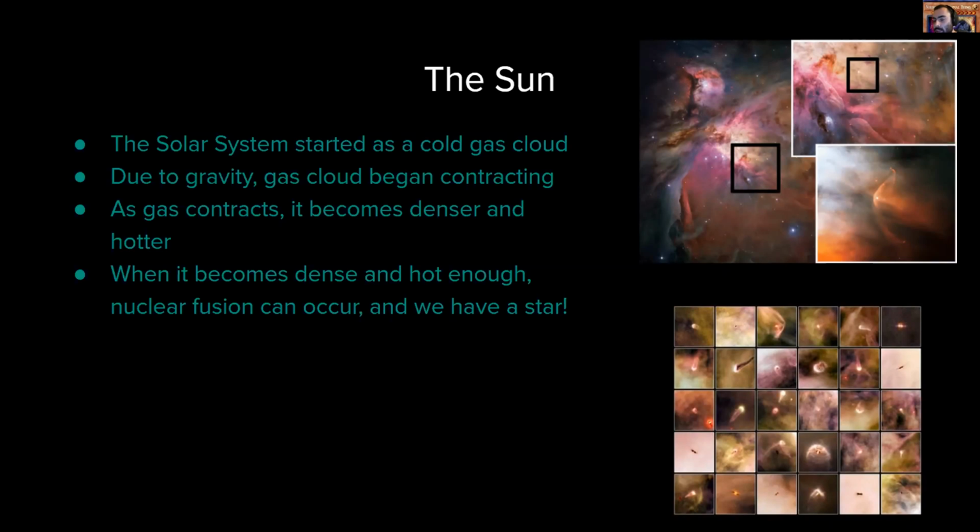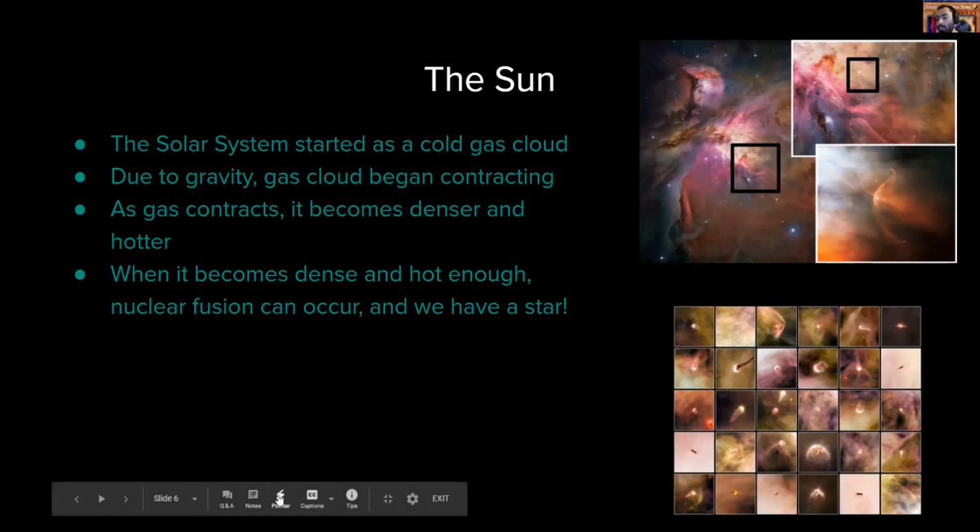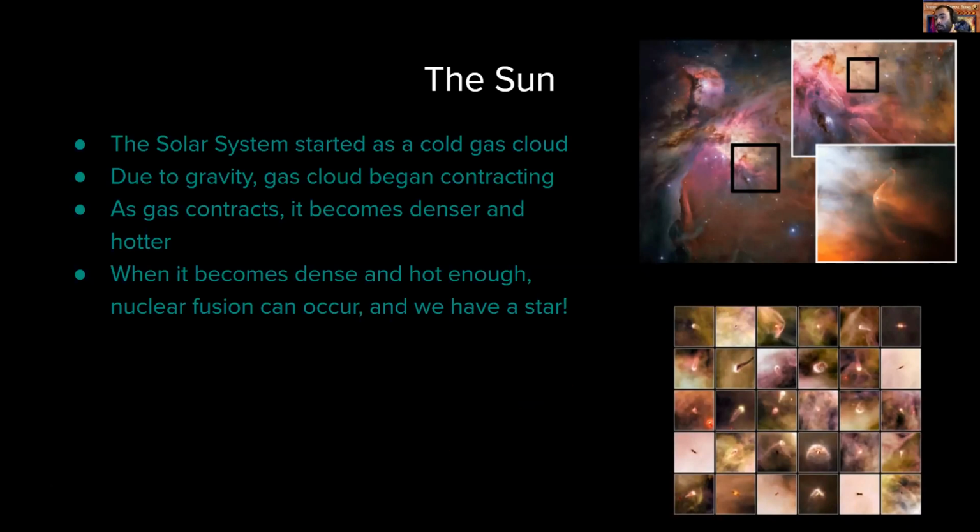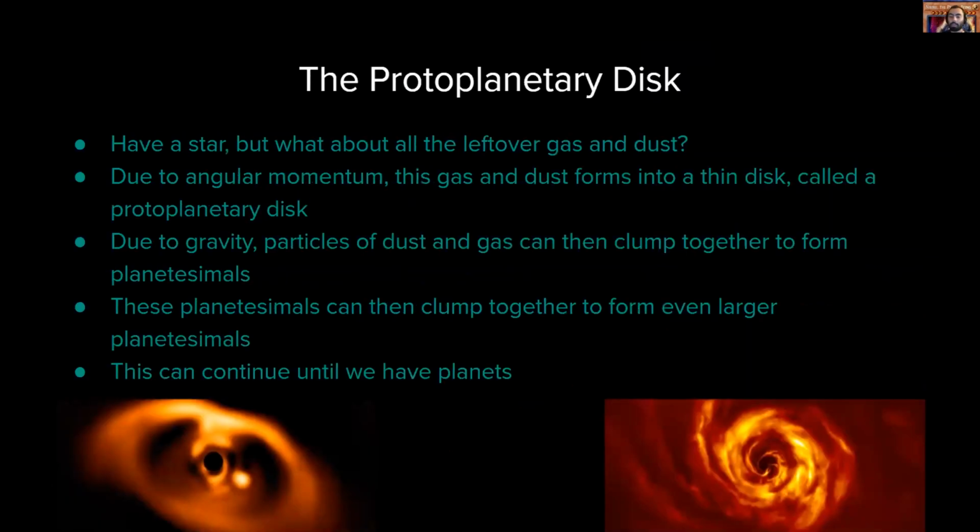That's actually a little baby star. In the bottom right of the slide, there's a whole bunch of other baby stars that are also in the Orion Nebula. It's kind of neat. You can go to the next slide.